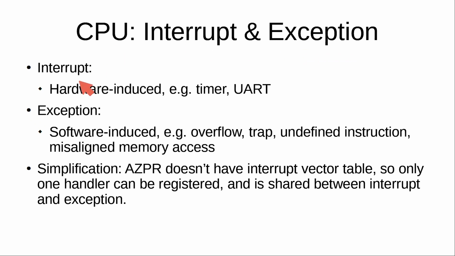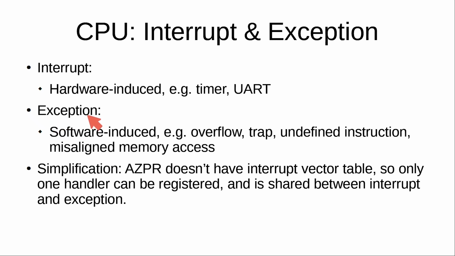Moving on to the next topic, we have interrupt and also the exception. What are the differences between the two of them? Well, the interrupt is hardware induced, meaning it is due to the external devices.